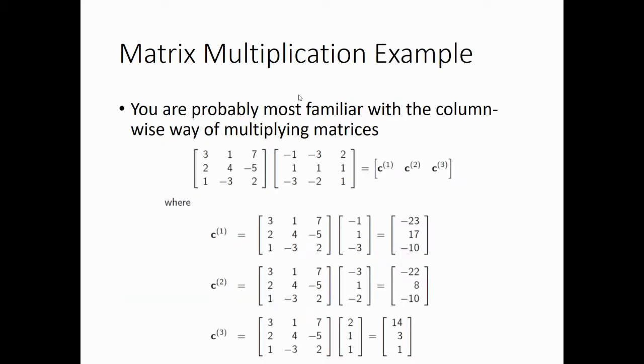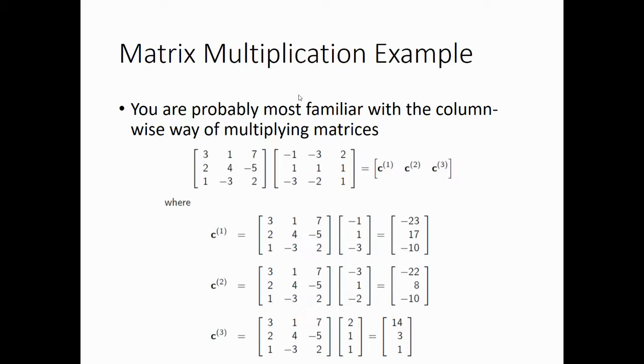You're probably familiar with the column-wise way of multiplying matrices. So here we would take 3 times minus 1, 1 times minus 3, and 7 times 2, and we would get the first result there. So we get minus 3 plus 1 minus 21.